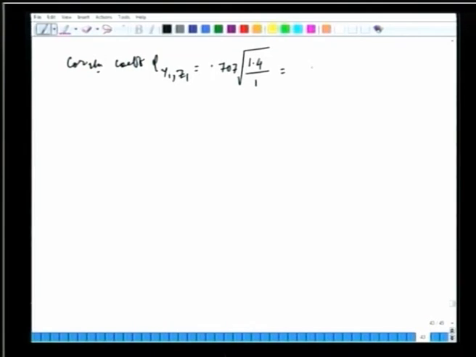We can calculate this to get the correlation coefficient, and similarly I can get the correlation coefficient between y1 and z2.